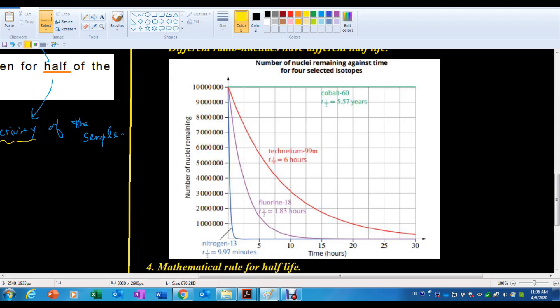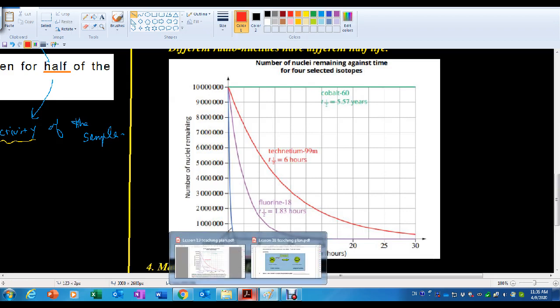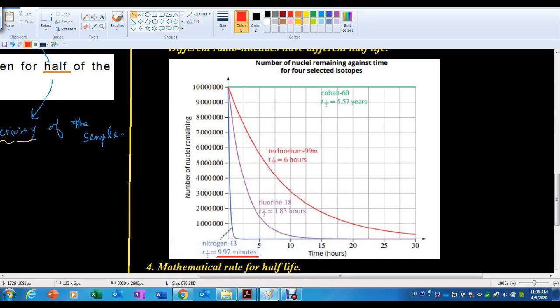So you see the shorter the half-life, for example the first one, the half-life is just 9.97 minutes, and you see the drop is quite steep, right? And that's 1.83 hours, 6 hours, and around 5.5 years.